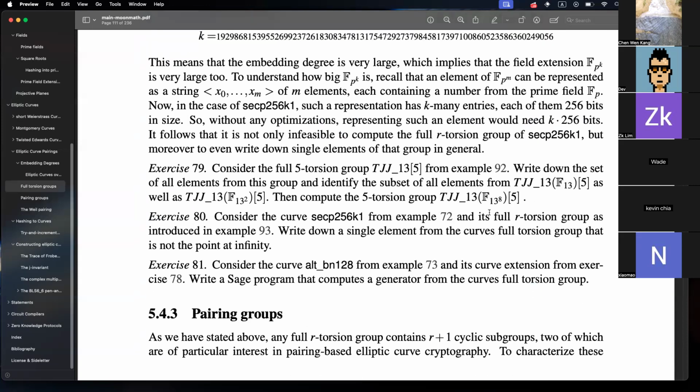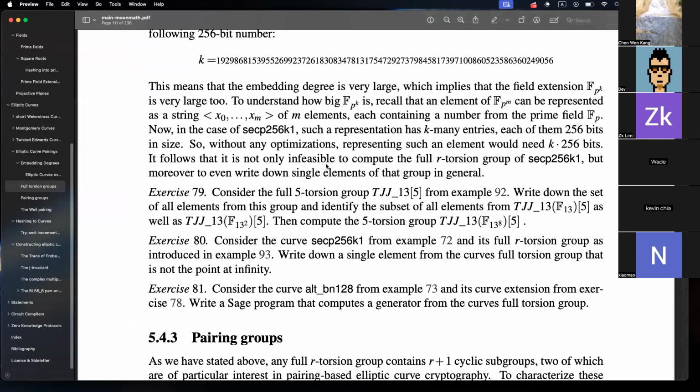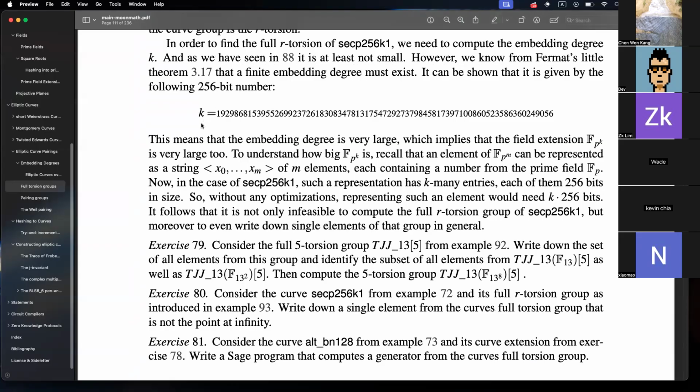That means that when you calculate the r-torsion group, which is required in pairing groups, it's going to be very huge and thus not efficient.